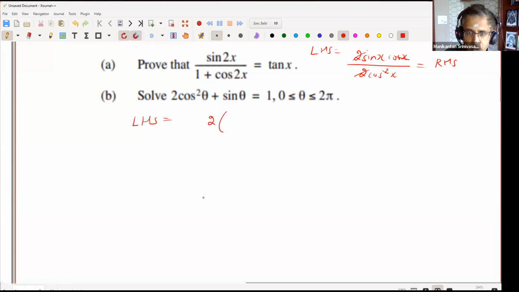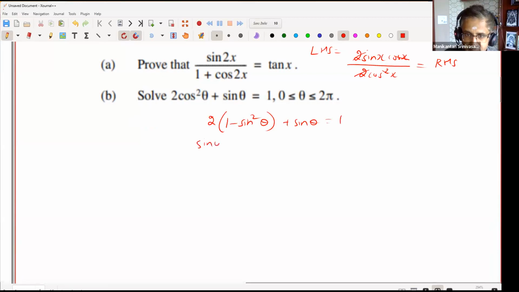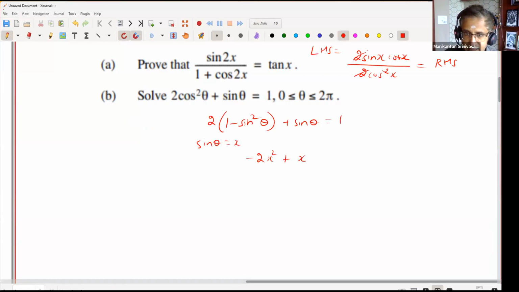I can convert it into a quadratic. So 1 minus sine square theta plus sine theta equal to 1. Let's say sine theta equal to x. Then I have minus 2x square plus x plus 2 minus 1 equal to this.